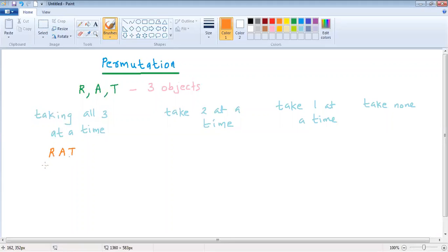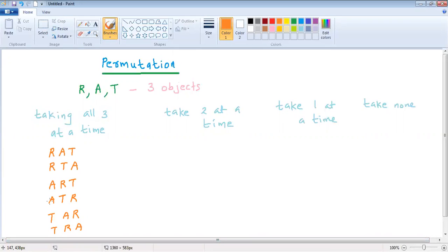I can arrange like R, A, T, or I can arrange like R, T, A. Or I can write A first, R, T, or A first, T second, R, or I can take T first, A, R, so T, R, A. So if I take all three, these are the six arrangements.